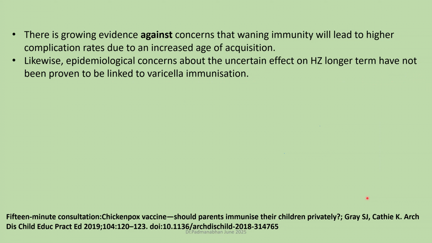Certain diseases are better had at a young age, and chickenpox is supposed to be one. If you have chickenpox at a young age, the chances of complications are less. If it occurs at a later age, in older people, you have more complications. Therefore, the worry is that if you give immunization at a younger age, instead of it being a childhood disease, it may become an adult disease.